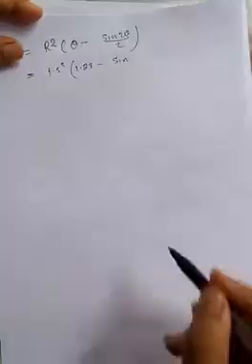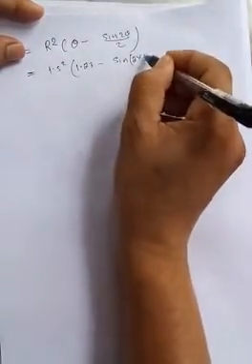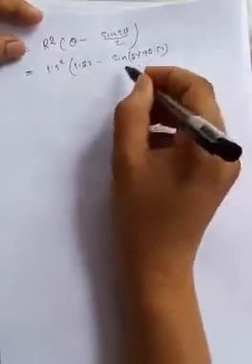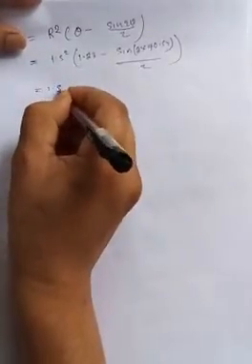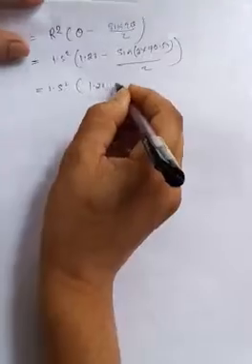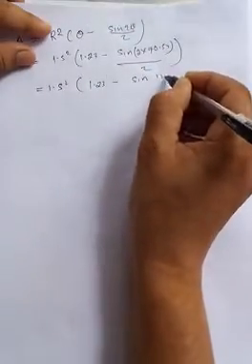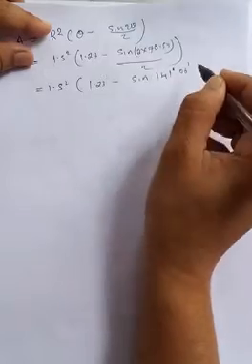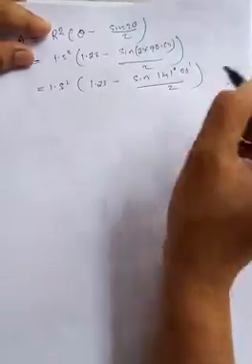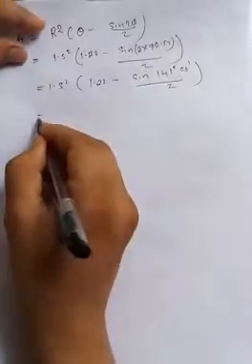So it will become 2 into 70.53, divided by 2. You got my point? So it will become 1.5 square into 1.23 minus sin 141 degree 08 minutes, divided by 2. Then simplify this equation.